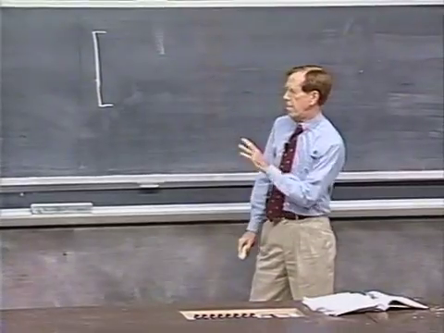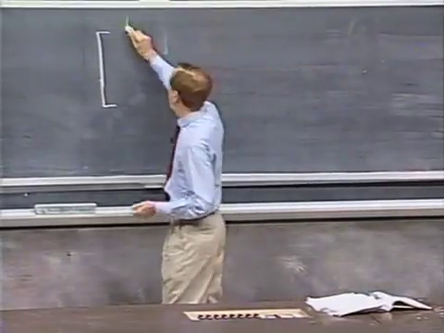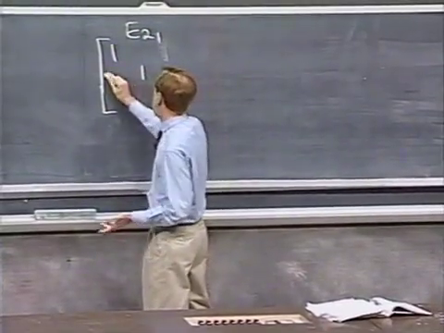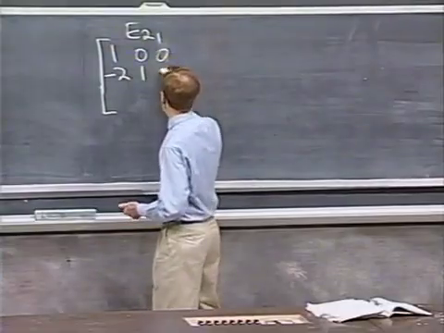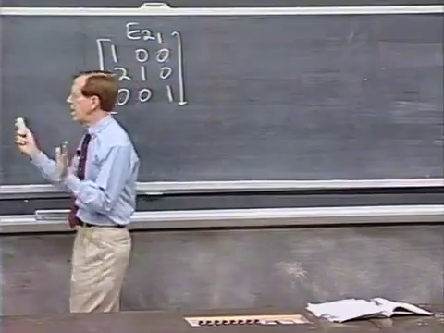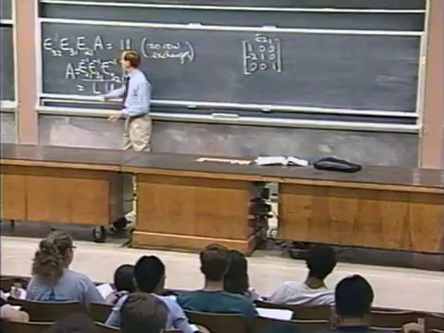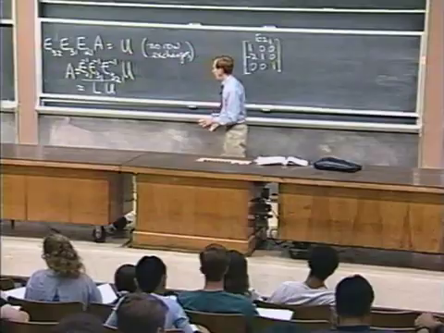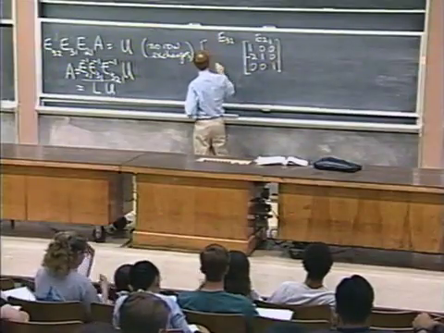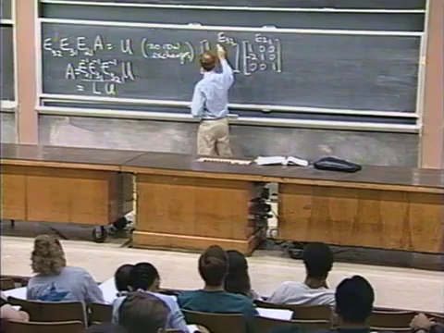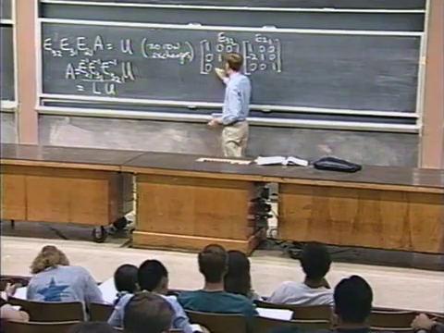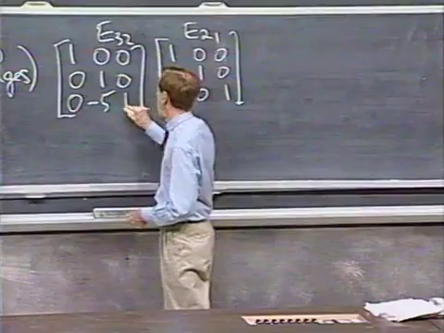Suppose my matrix E21 has a -2 in there. Suppose that, and now suppose, I'll even suppose E31 is the identity. So I'm going to make the point with just a couple of these. Okay, now this guy will do something, now let's suppose -5, 1.